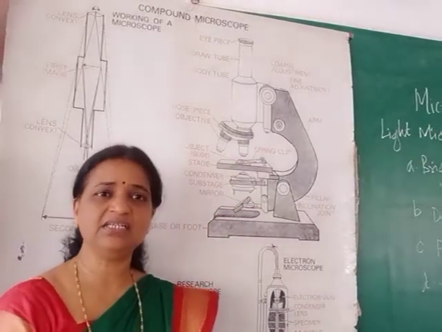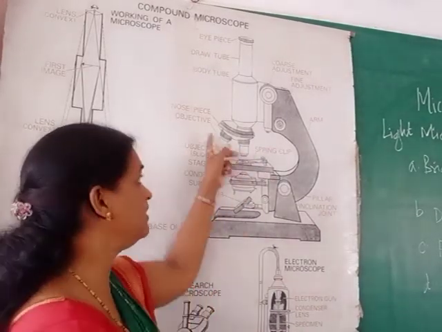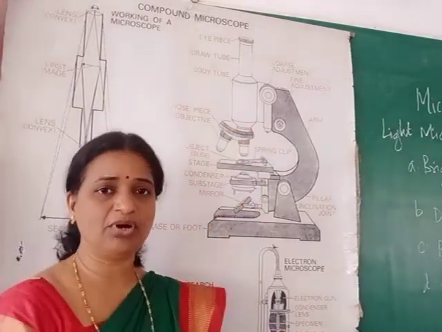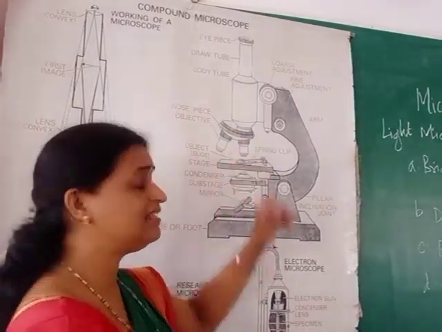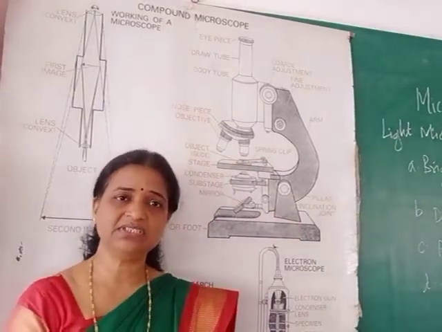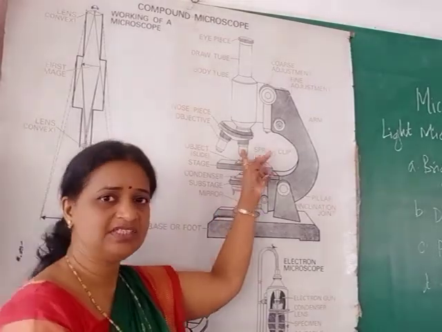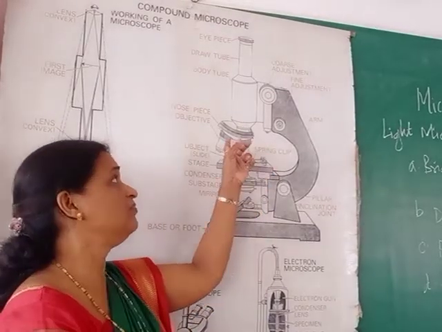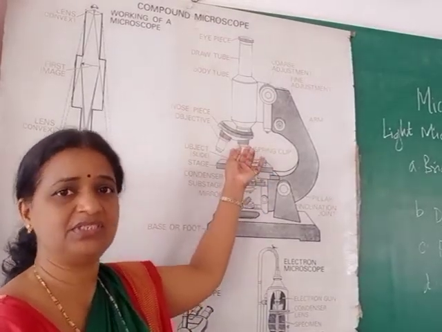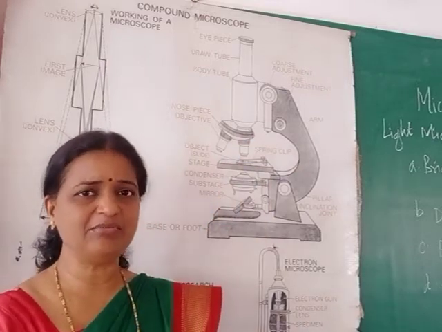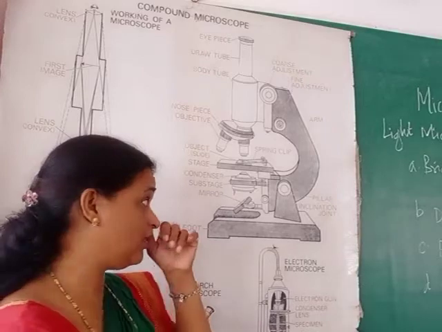Objectives are magnifying lenses mounted on the revolving nose piece just beneath the body tube. Here there are three types of objective. Generally, a compound microscope has a 10x objective, called the low power objective, a 45x objective, called the high power objective, and a 100x oil immersion objective. So these are the objectives.